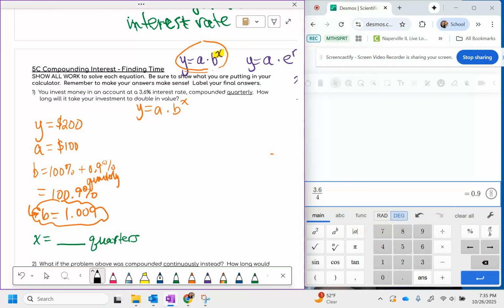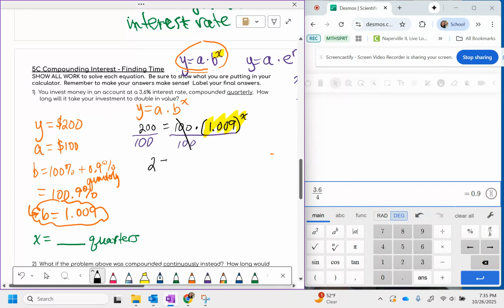All right, so y is 200, and that equals 100 times 1.009 raised to the x. So I'll start by dividing by 100 on both sides because remember, I want to get the power alone. So I divide both sides by 100 because that's the opposite of multiplying.